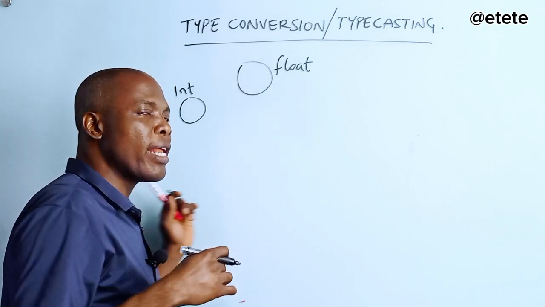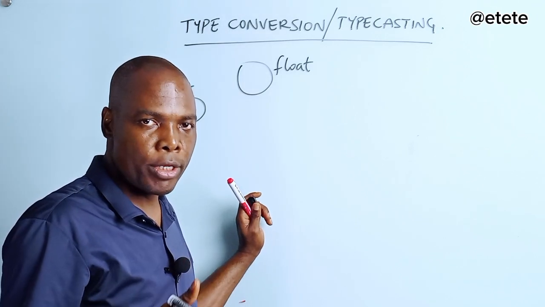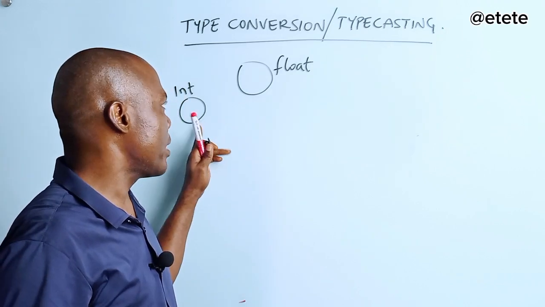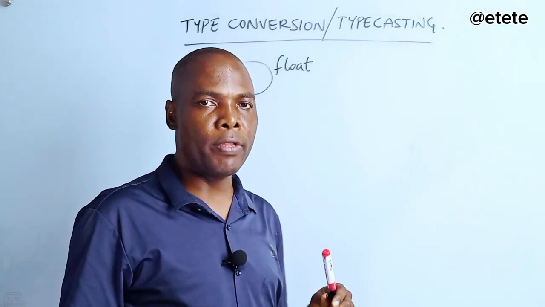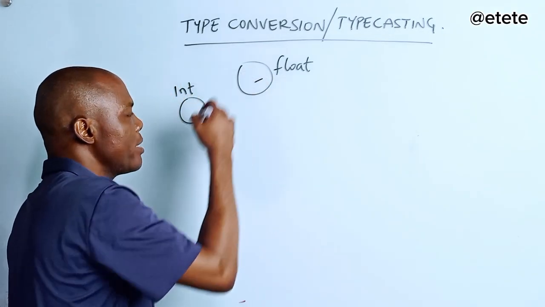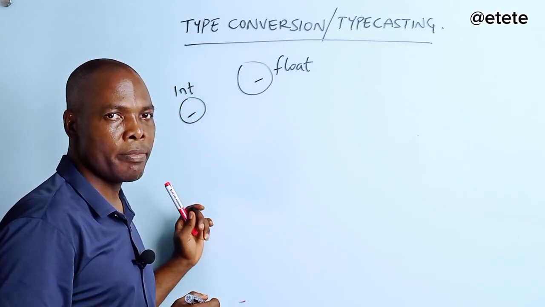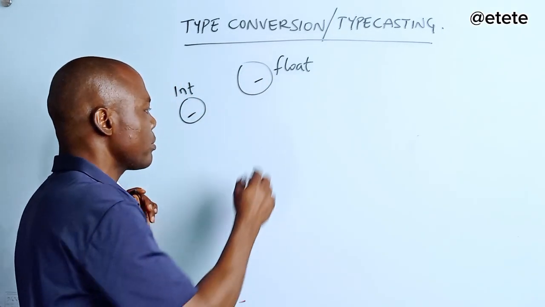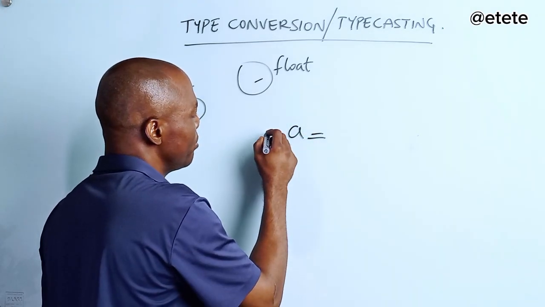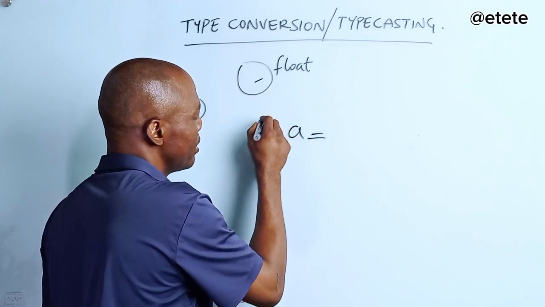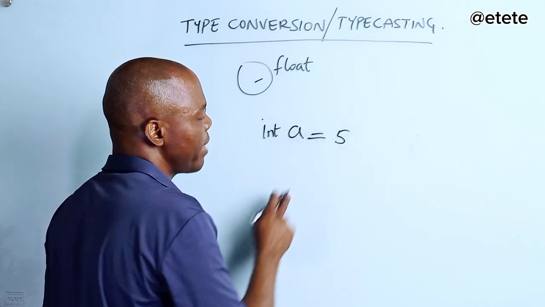Now you want to carry out an arithmetic calculation that involves an integer and a float. What do you think will happen? There will be conflict, meaning you have data inside this RAM and you have data inside this RAM. Say for example, I declare a variable a, I say int a and I assign 5 to it.